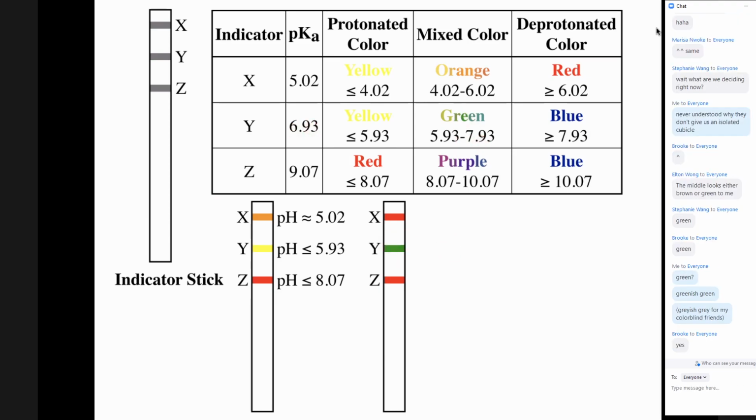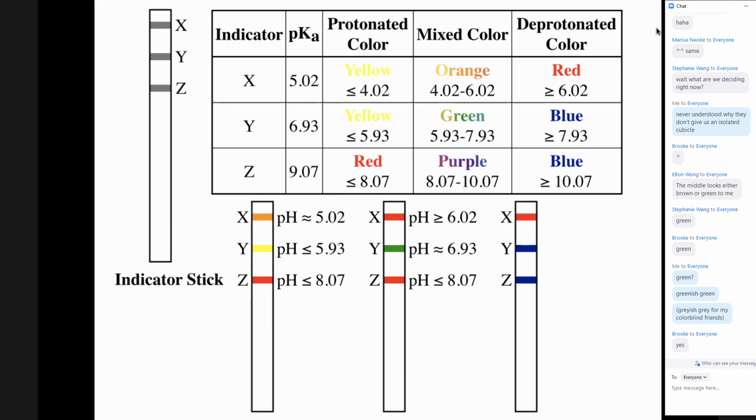Maybe 6.93. So the pH is definitely higher and the color scheme has changed. And then finally, that last one, can you get an exact color or is this beyond the range of the indicator stick?